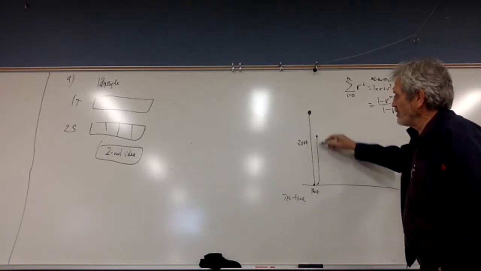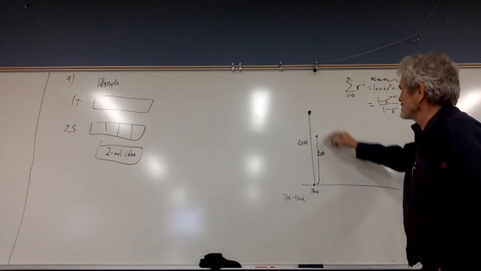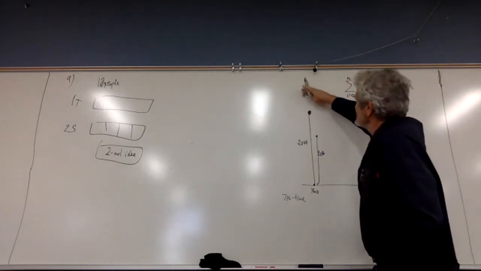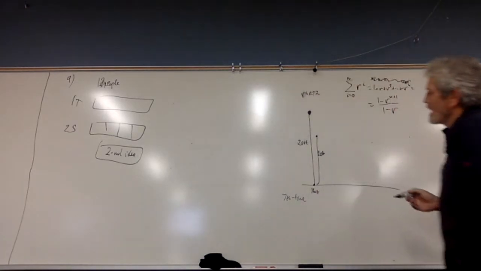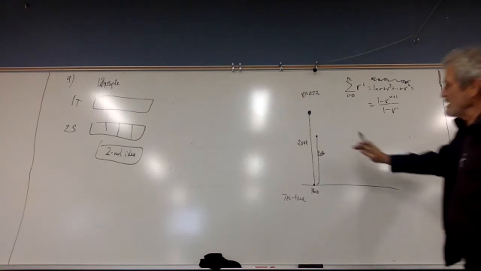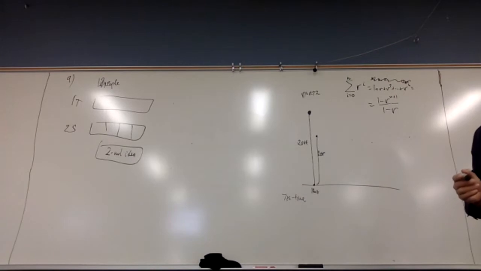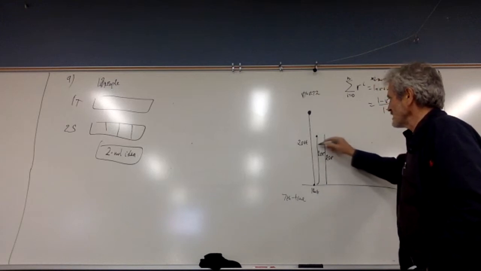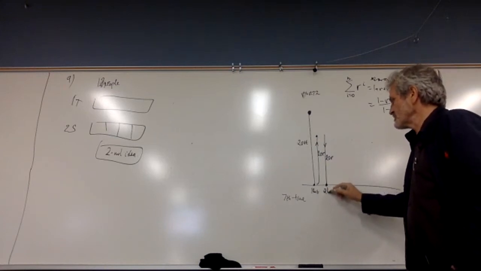You go up 20h, where h is 0.72, we said, or R. R equals 0.72. So you go up 20 times R. But then you also go the same distance down. So you go 20 R down. So this is up, this is down. This is before your second hit.